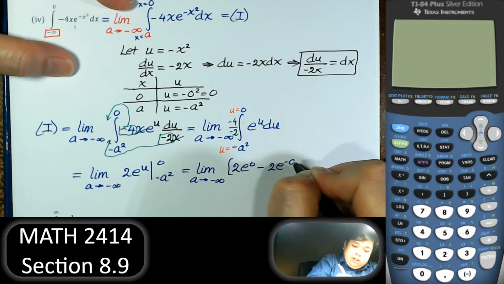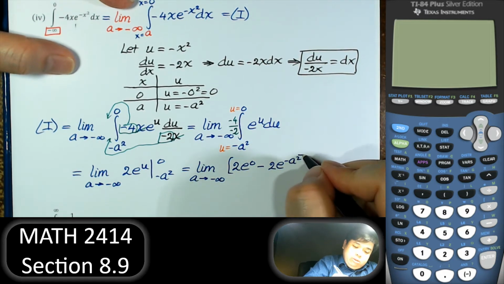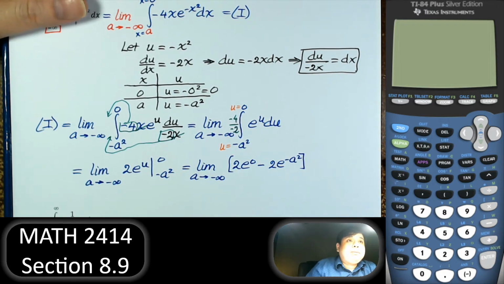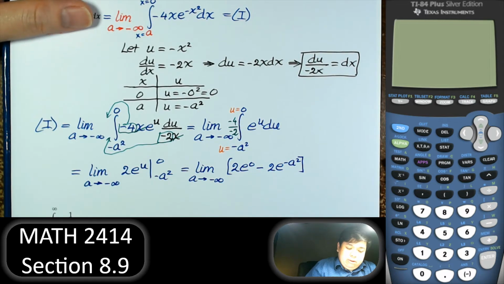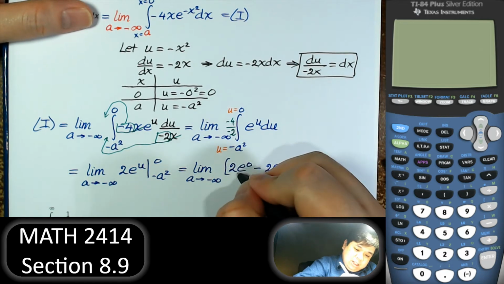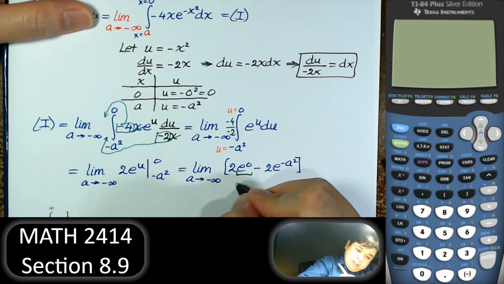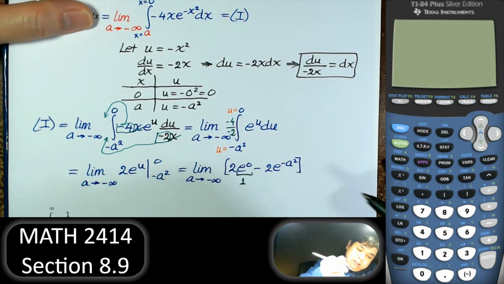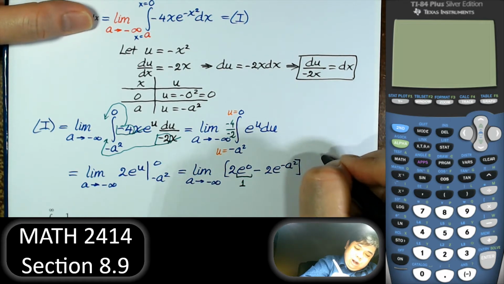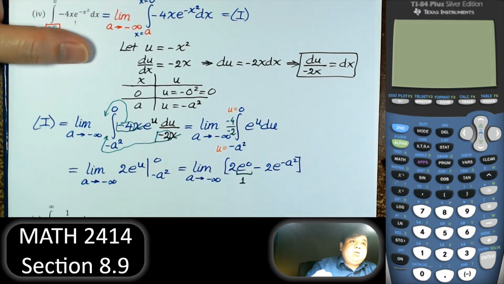Substitute in the limit. That is just the fundamental theorem of calculus. Now e to the 0 power is 1, so that's easy.